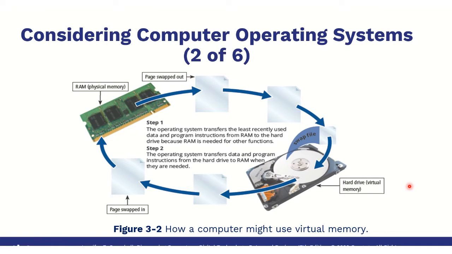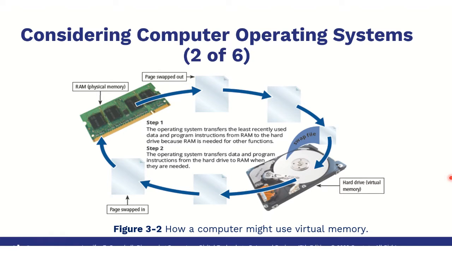So in this picture, you see here that illustrates how a computer might use virtual memory. It describes the step-by-step process. Step one: the operating system transfers the least recently used data and program instructions from RAM to the hard drive, because they are least used, right?